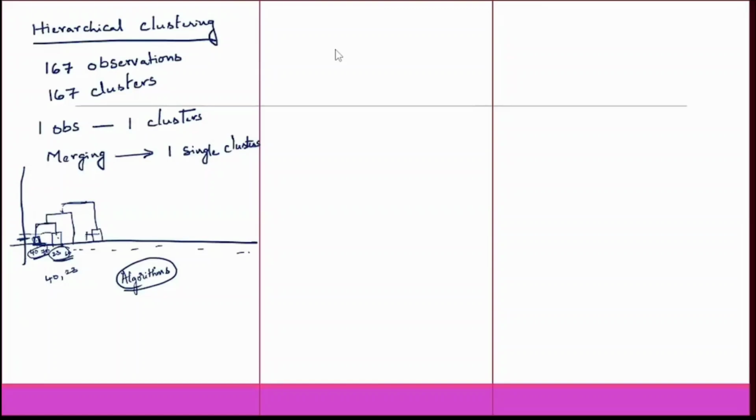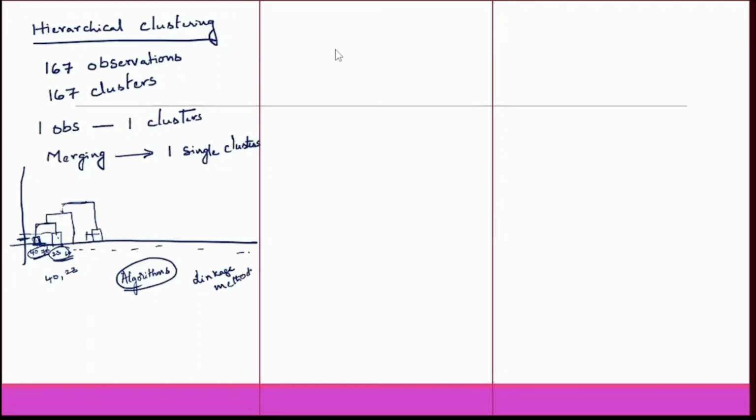Whenever I want to combine one compound cluster with another simple cluster or another compound cluster, we will start using the various linkage methods.